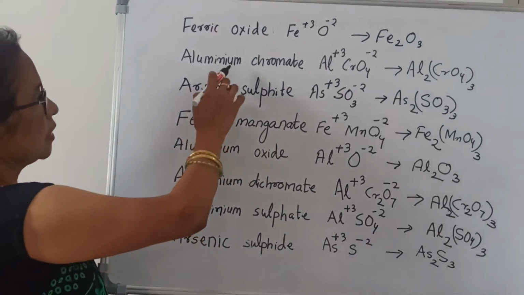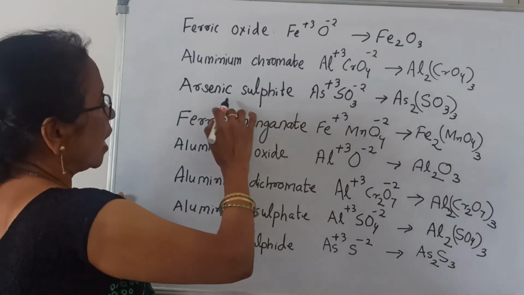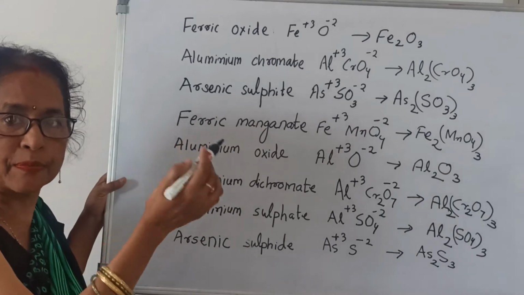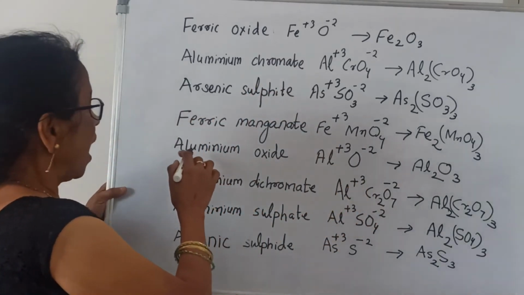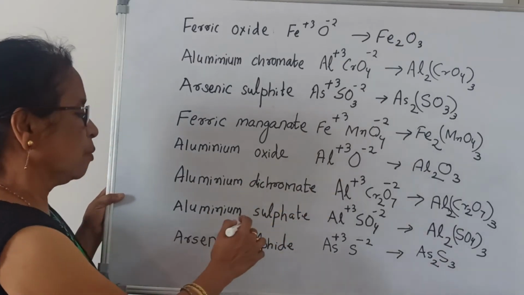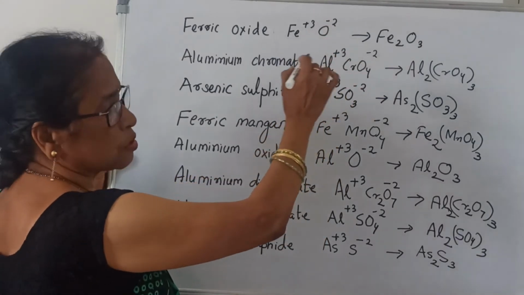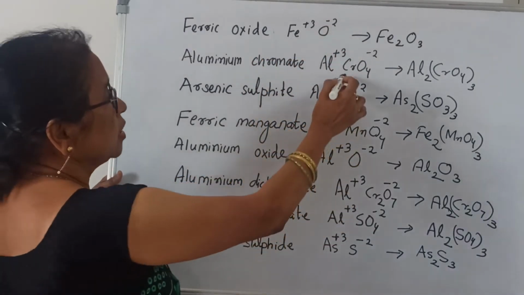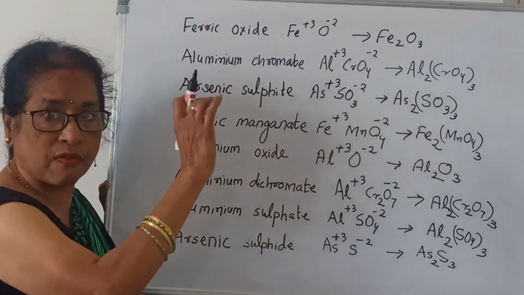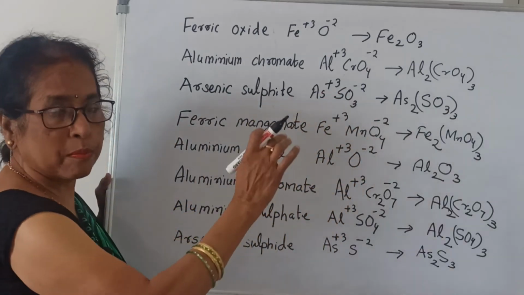Now here again see: ferric oxide, Fe plus 3; aluminium oxide, Al plus 3; arsenic sulfide, As plus 3; ferric again Fe plus 3, if it is ferrous it is Fe plus 2; aluminium Al plus 3; arsenic As plus 3. Now you can see oxide is minus 2, CrO4 chromate is minus 2, SO3 sulfite is minus 2, manganate MnO4 minus 2.